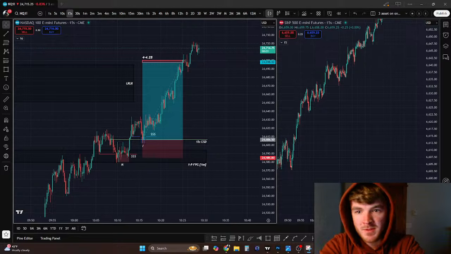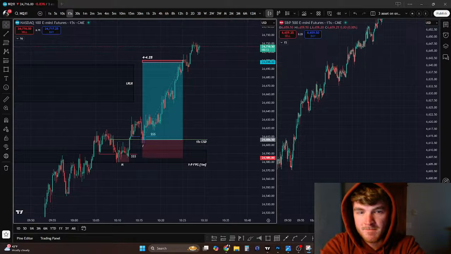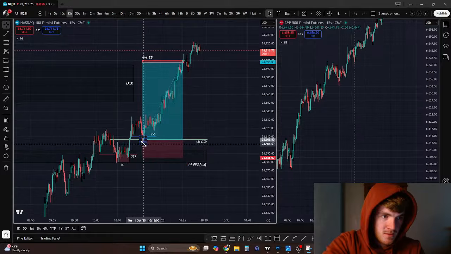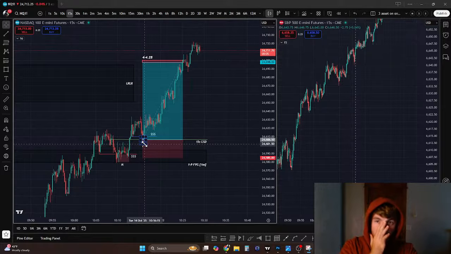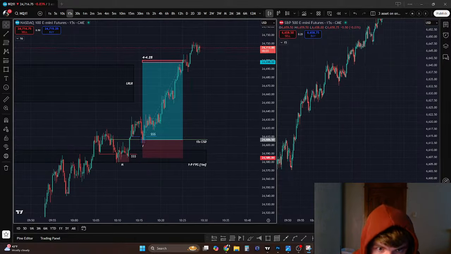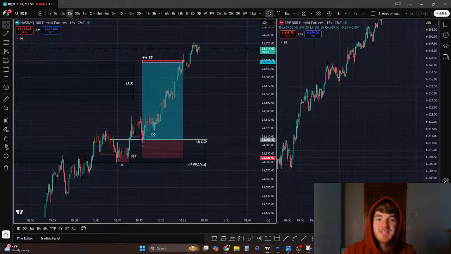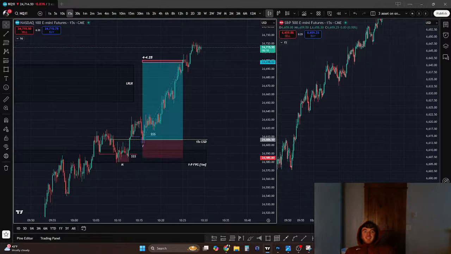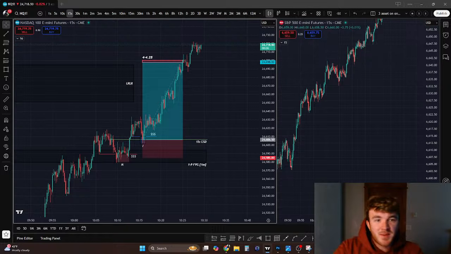One minute aligned with the 15-second. What's your favor? We are now above all key open times according to my key open times indicator.